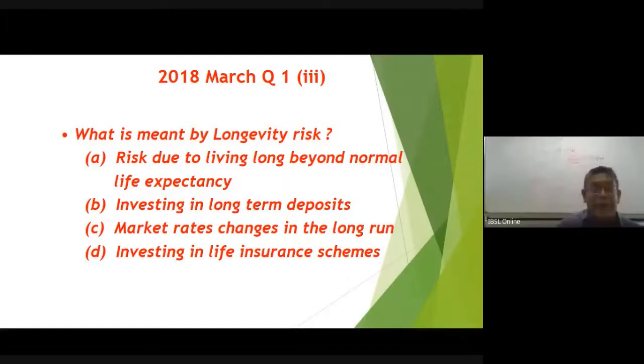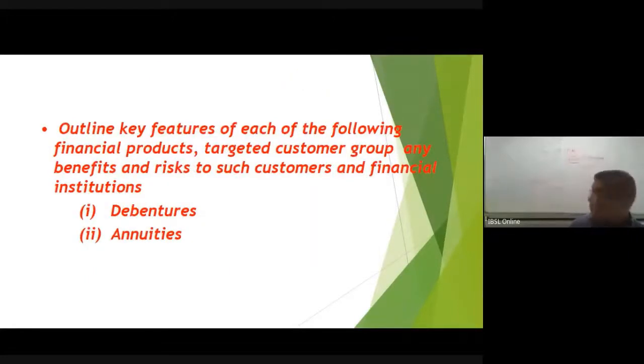Okay, right now we go back again to this. Just look at it again. Outline key features. The same thing I will ask from you, whether you can write it down. Outline key features of each of, this is my model question. This is how the questions usually come. That's good for your client management, as I told you, in commercial banking and serving also, so you are multi-benefited by learning this.